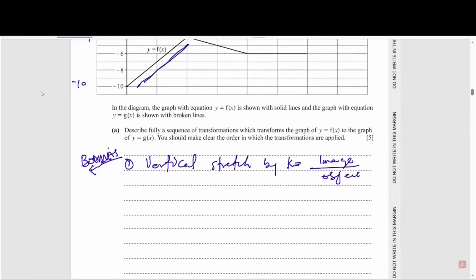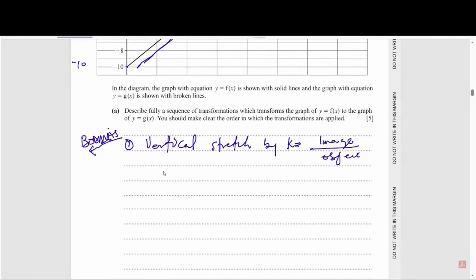So our vertical stretch K is equal to: the object covers 6 lines, but the corresponding side of the image covers 3 lines or 3 rows.